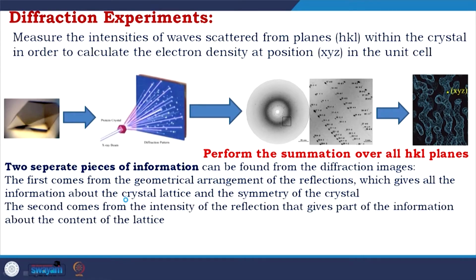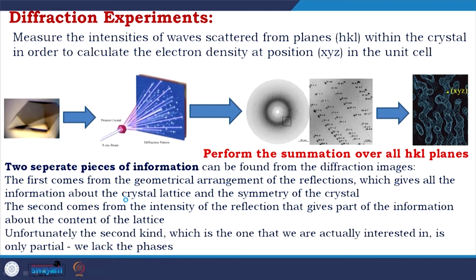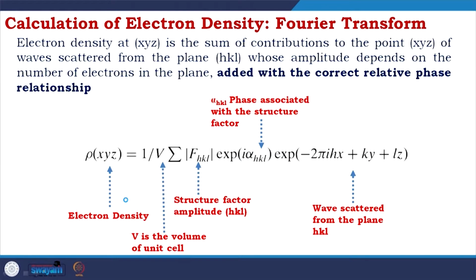The second information we get from the intensity of the reflection, that gives part of the information about the content of the lattice. And as I was discussing throughout the last few lectures, the intensity information gives us the amplitude, but we are not getting the phase, and hence it is the phase problem.